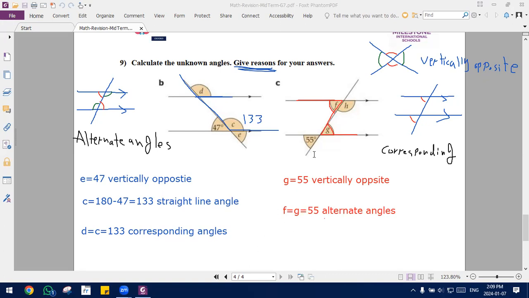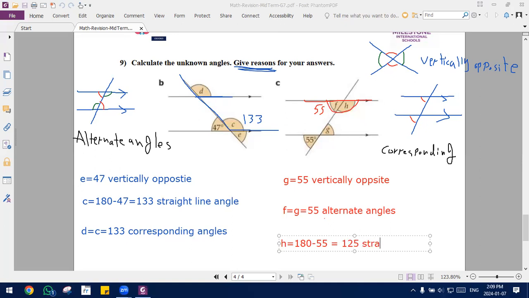Then, since F is 55, let's check what's H. They are on a straight line. They make 180. F is 55. So how do we find H? We say that H is equal to 180 minus 55, which is equal to 125 degrees.